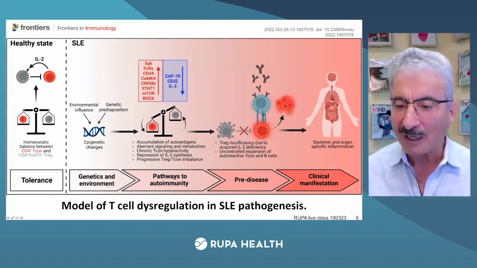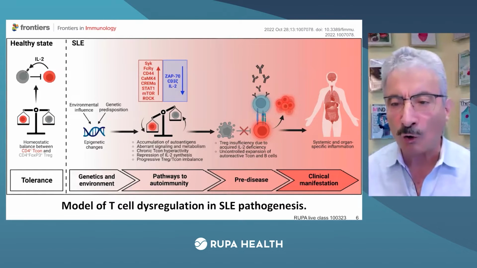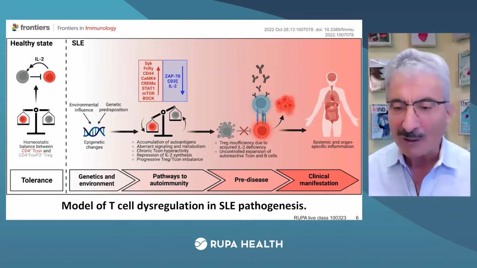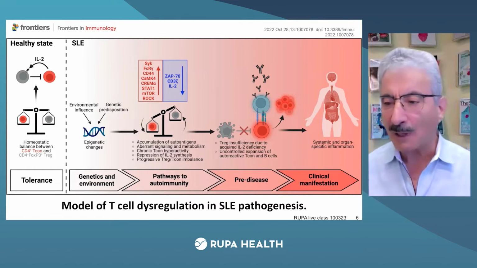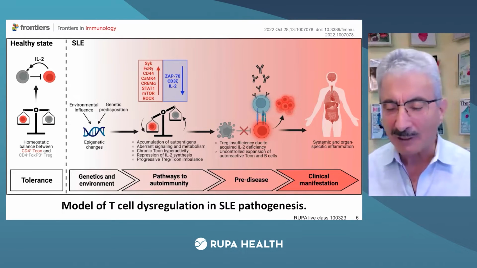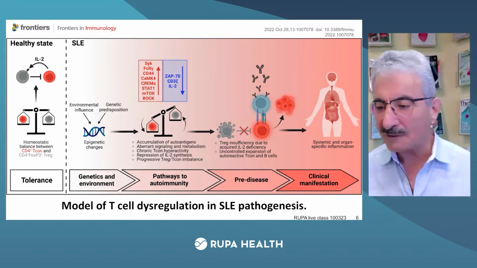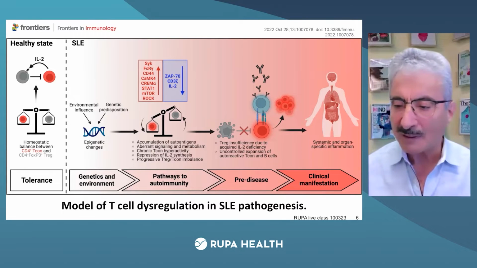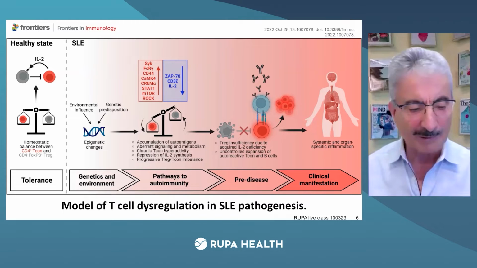Expansion of Th1 and Th17 and communication between Th1 and B cells results in autoantibody production. Autoreactive T cells plus autoreactive antibodies can cause serious damage, resulting in autoimmune disease, in this particular case, systemic autoimmune disease such as lupus.